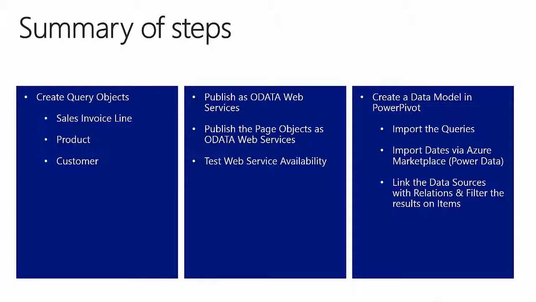Then we made use of the dates by making use of the Windows Azure Marketplace. And then we created relationships or links between the data sources. We also applied filters. And now basically we have our data model ready in Power Pivot as a basis for the dashboard that we can build by making use of Power View. But that will be the subject of part 2.